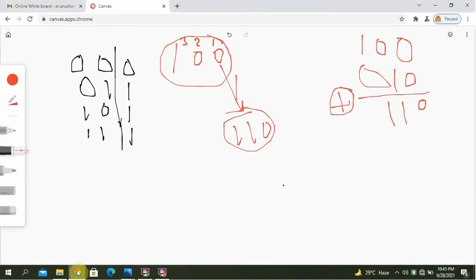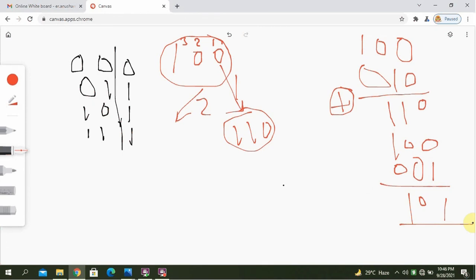Similarly, second, 1 0 0. By shifting right the vector two positions, that is 0 0 1, we obtain the vector 1 0 1.